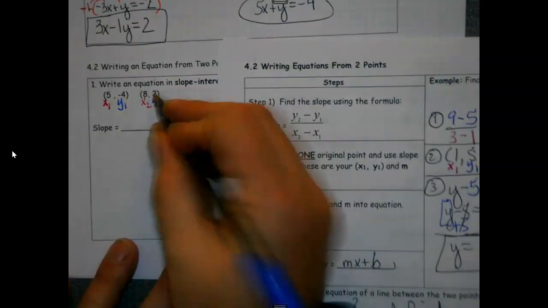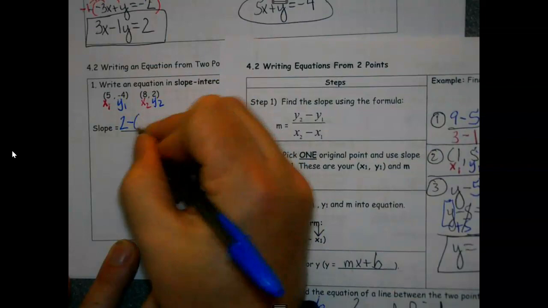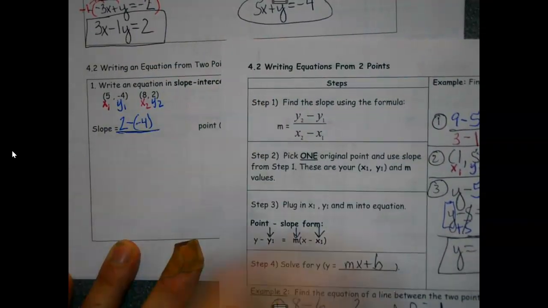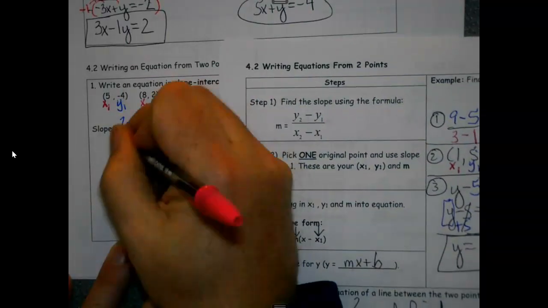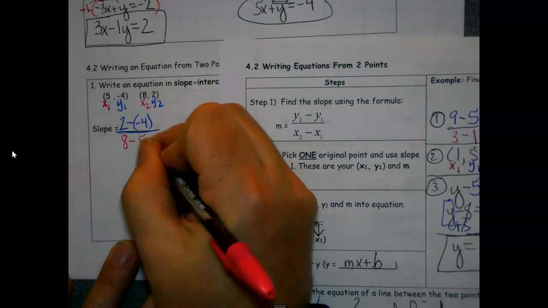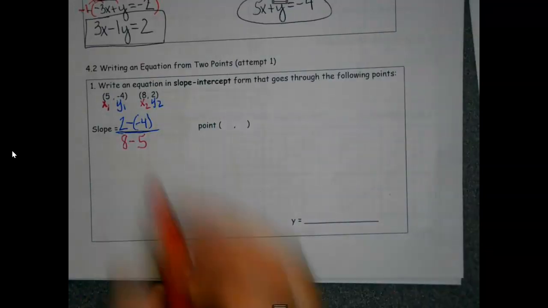So we got y2 minus y1. And then in the denominator, we've got x2 minus x1. So we got to clean this up a little bit.